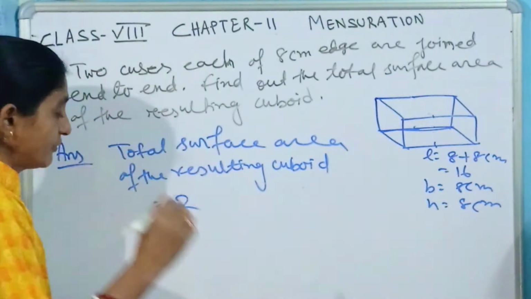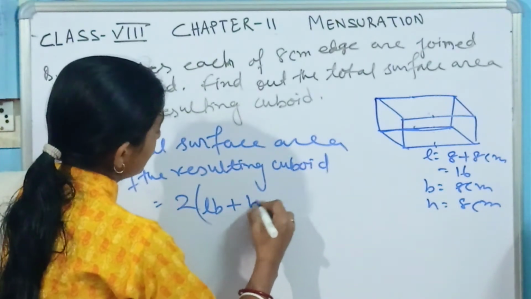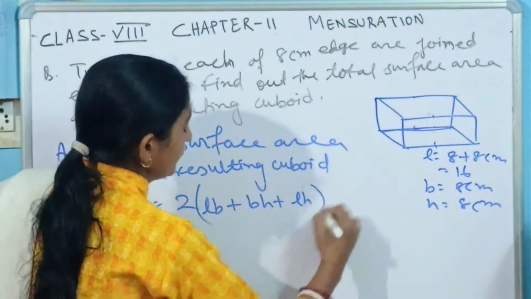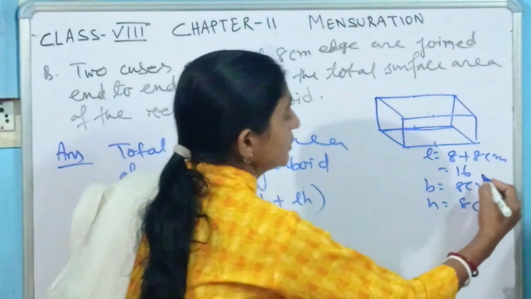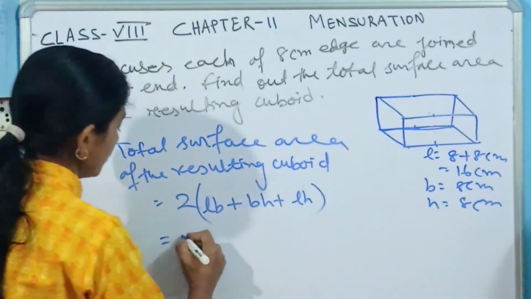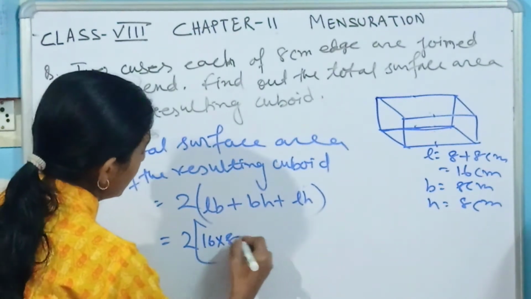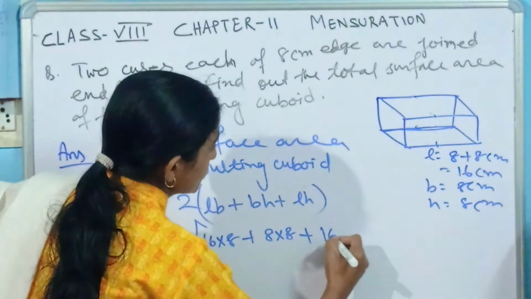As we have done in the formula, it is 2 into (LB plus BH plus LH). Here, in place of L we will put 16 centimeter, the breadth is 8 centimeter, the height is 8 centimeter. Let's see what we will get. It will be 16 into 8 plus 8 into 8 plus 16 into 8.